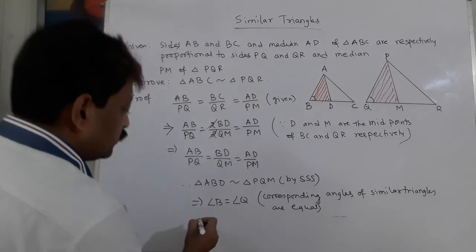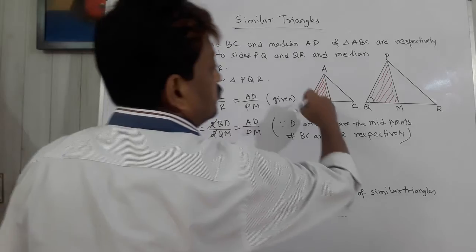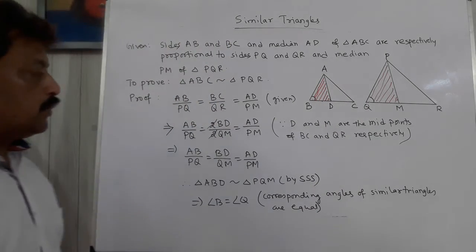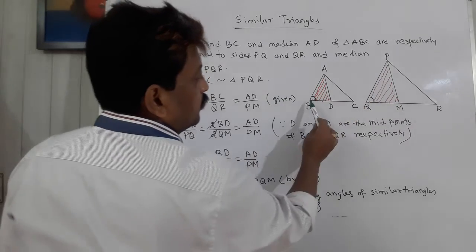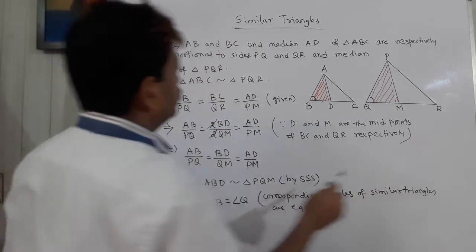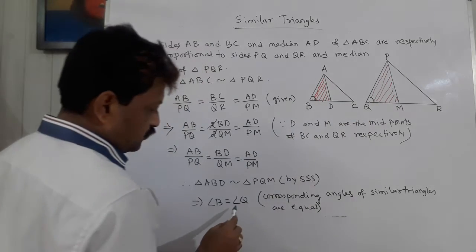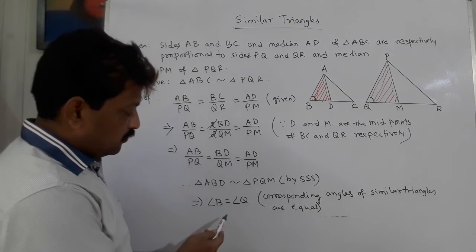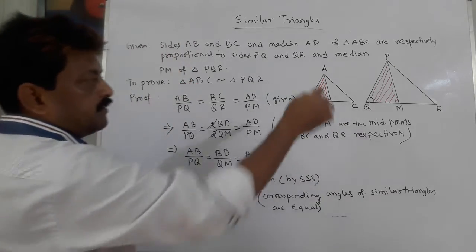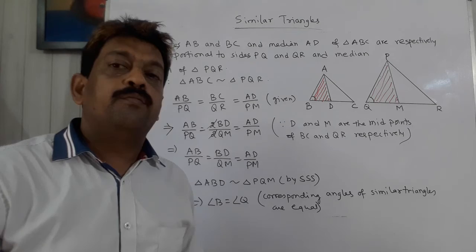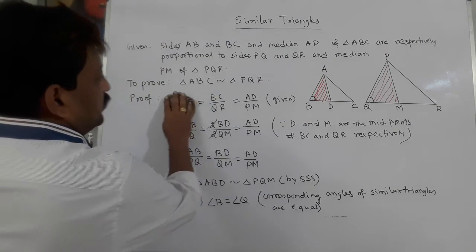Okay, therefore, now let us consider the original triangle ABC and triangle PQR. AB is proportional to PQ, BC is proportional to QR, it is given in the question, and angle B is equal to angle Q, as we have proved just now. So by side angle side criterion, triangle ABC and triangle PQR are similar.